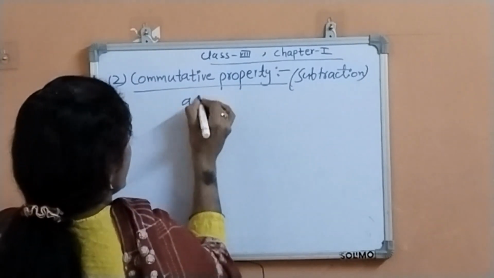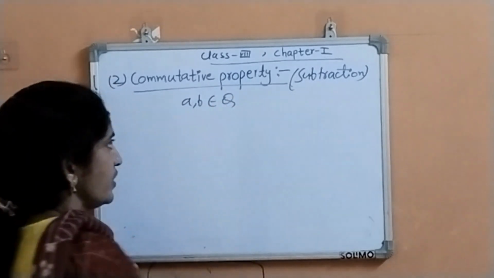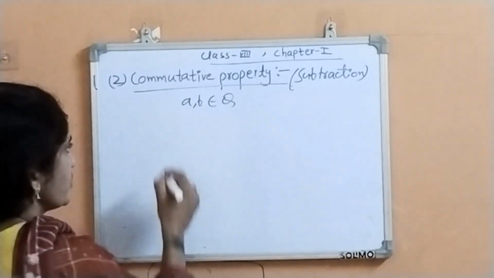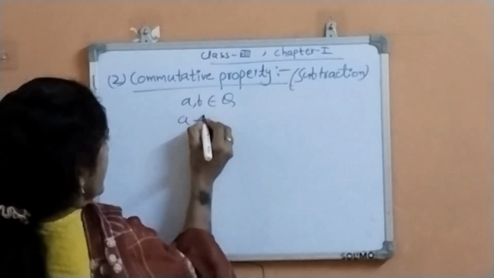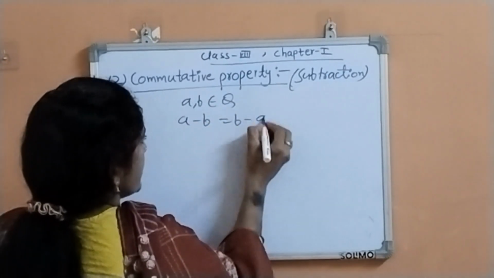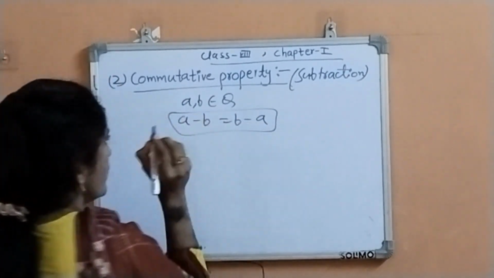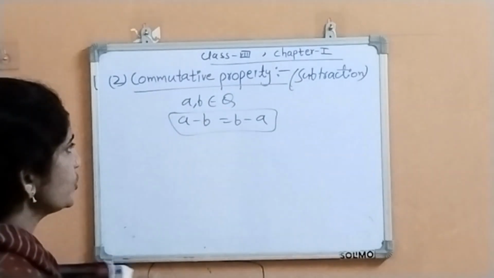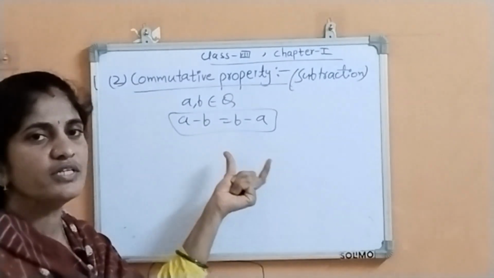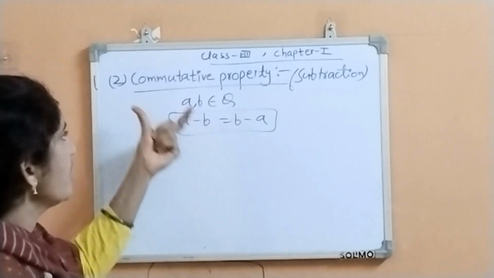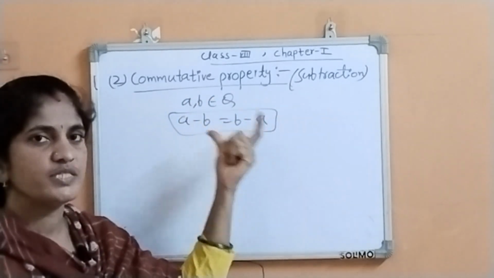So a, b belongs to Q. If we assume a, b belongs to Q, we are going to check whether a minus b equals b minus a or not. If the rational number system follows this condition, then we can generalize that the commutative property under subtraction is possible in the rational number system.